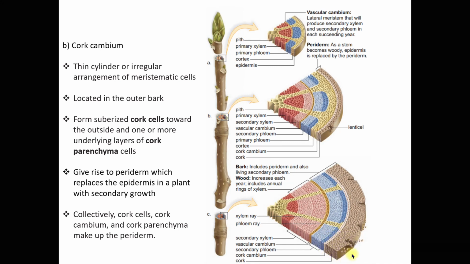Instead, it is replaced with periderm, in woody plants. Collectively, cork cells, cork cambium, and cork parenchyma make up the periderm.